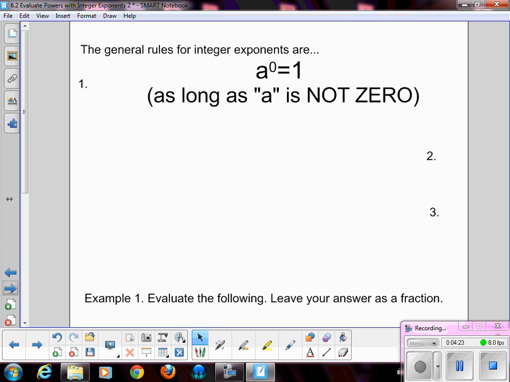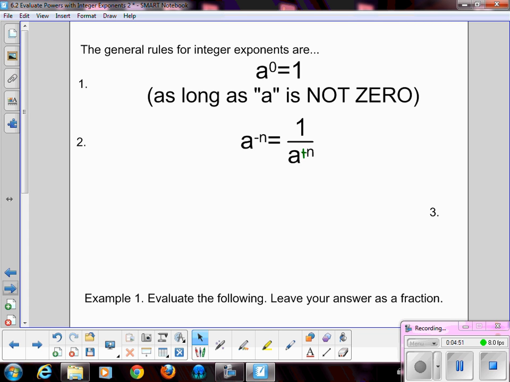Now, the general rule for integer exponents are the following. A to the power 0 equals 1, as long as a is not 0. So in other words, we looked at this before, anything to the power of 0 is 1. A base to the negative exponent is the same as 1 over a to the positive exponent. Okay? So that is true.